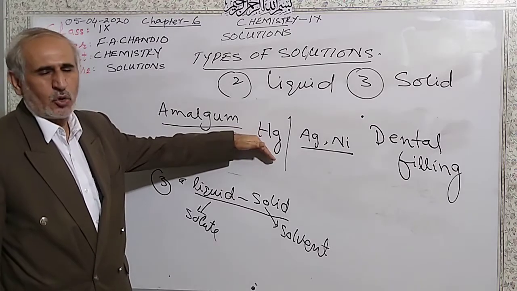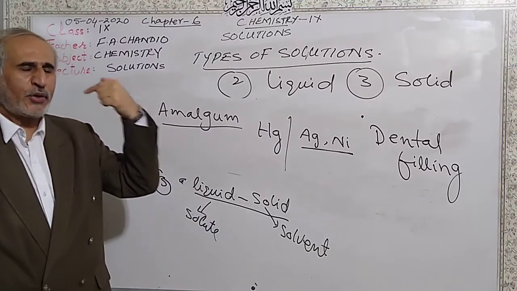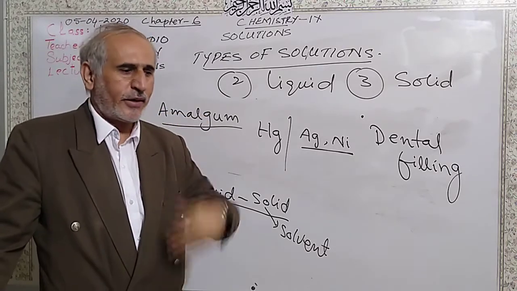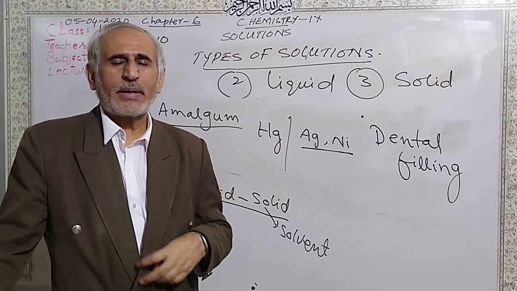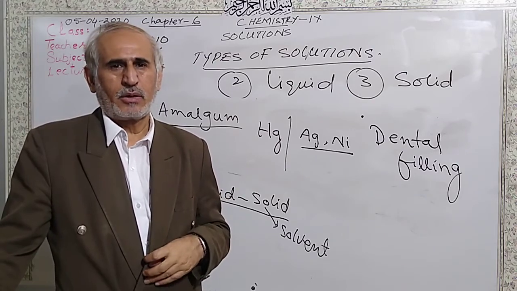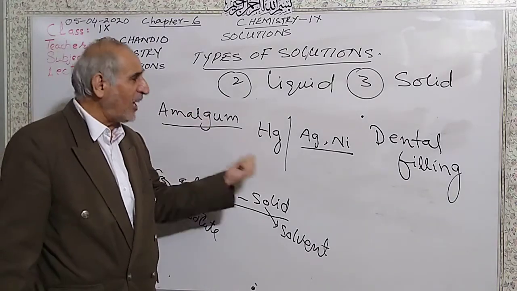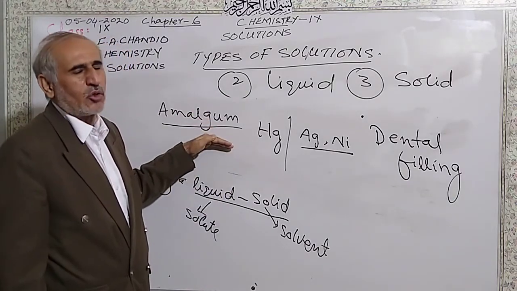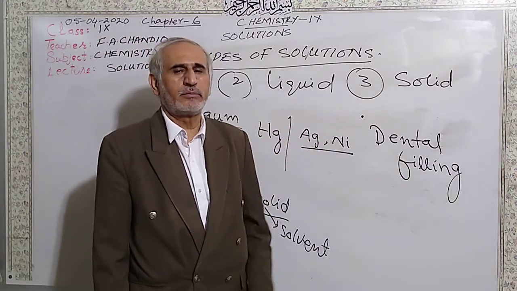They fill it by using this solution, the amalgam. When they put it in the cavity, after some time it expands. Expansion takes place, so all the holes and cavities are filled by this solution. That is why we call it dental filling.